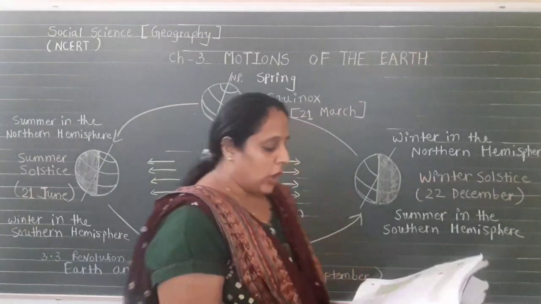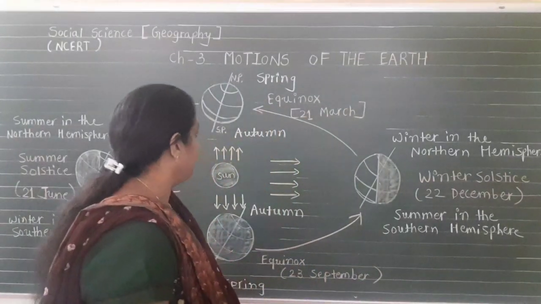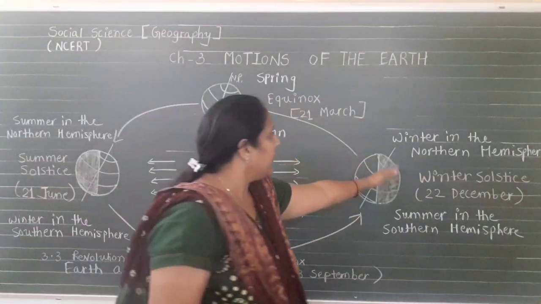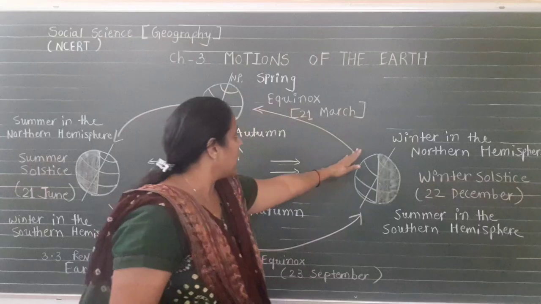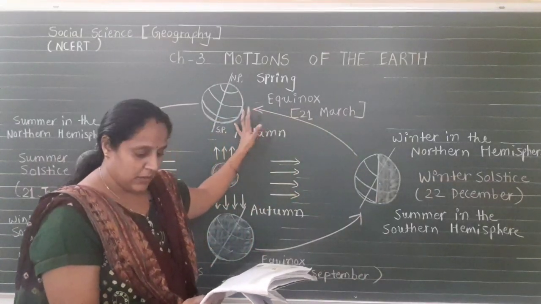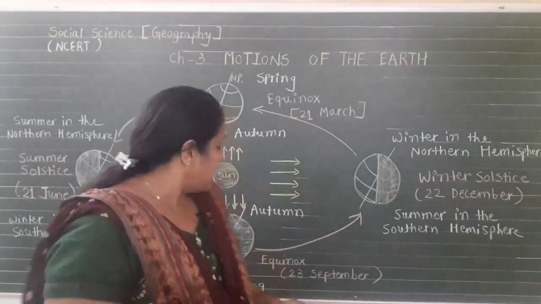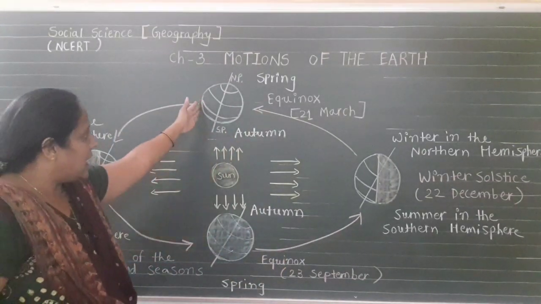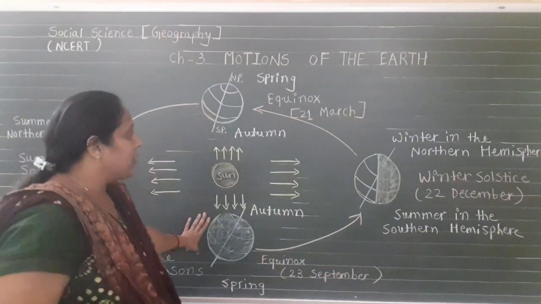Now we talk about 21st of March. Here in the upper portion of the earth, after 3 months, on 21st of March and 23rd of September, both the directions are opposite.